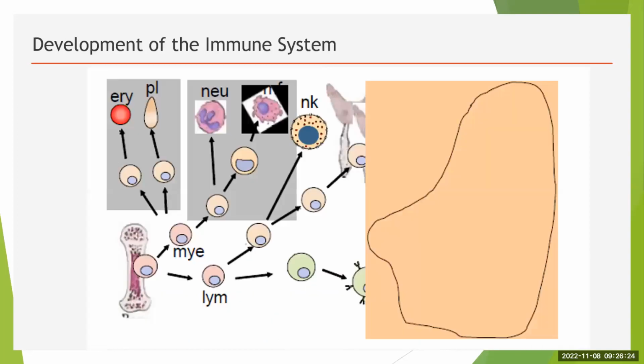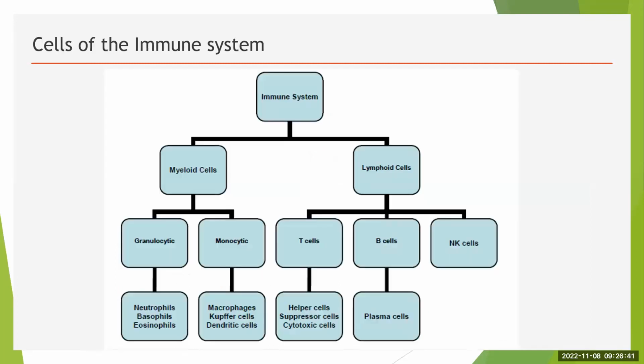Like I said, in this slide the lines are distinct. Let's never confuse this slide. We've got the myeloid system, we've got the lymphoid system, and from each system, we've got a particular class of cells developing, which translates to this slide here.